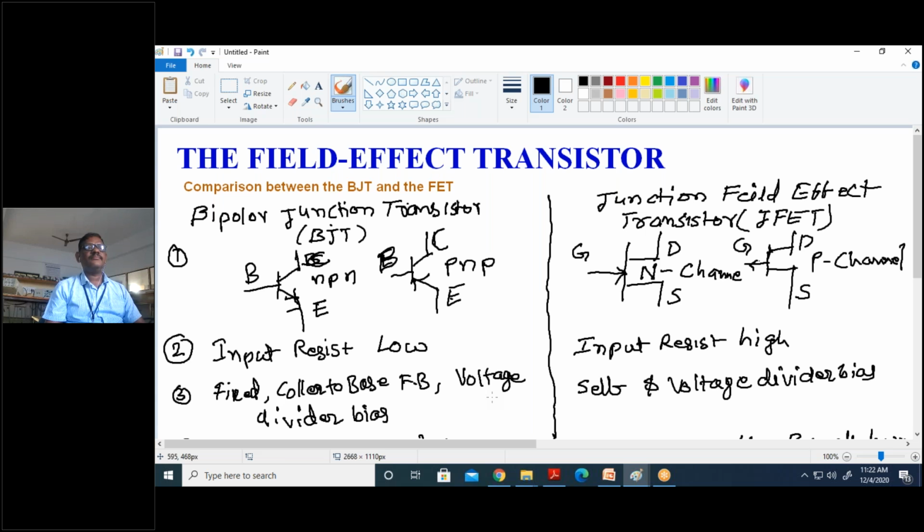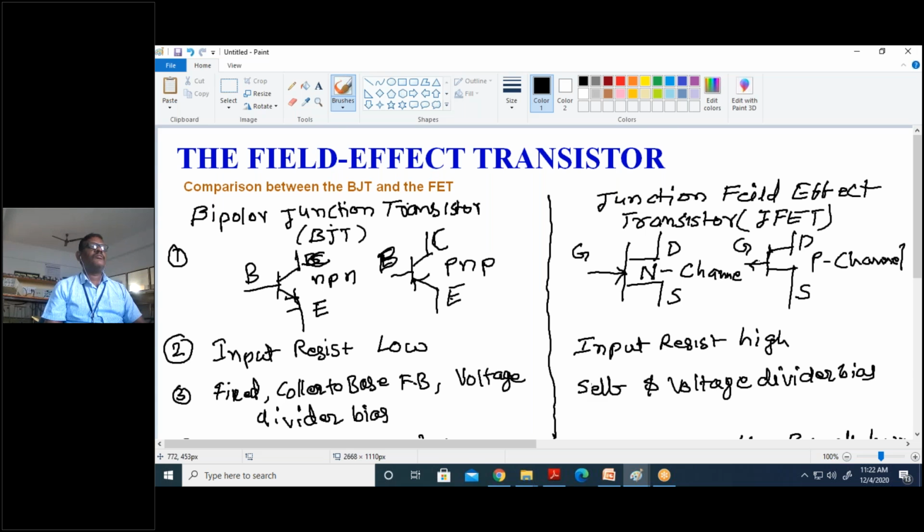In JFET, N channel JFET and P channel JFET. N channel means the substrate material is N type semiconductor, and the gate material is highly doped P type. In P channel, the substrate is P type, the gate material is highly doped N type, and the two gate layers are internally connected.